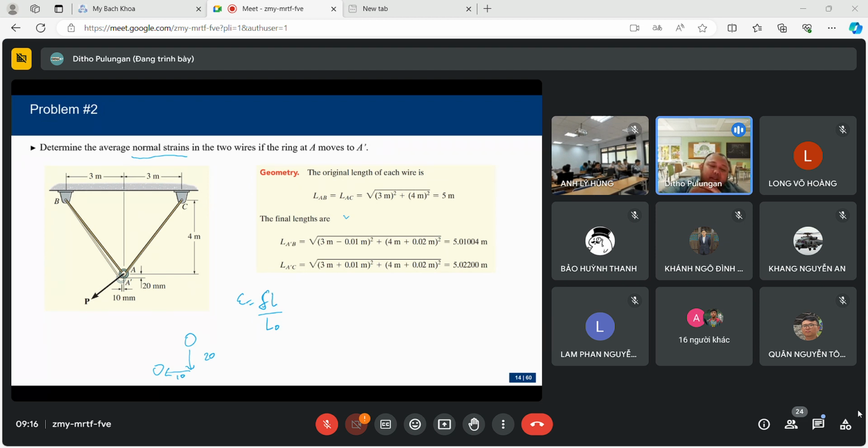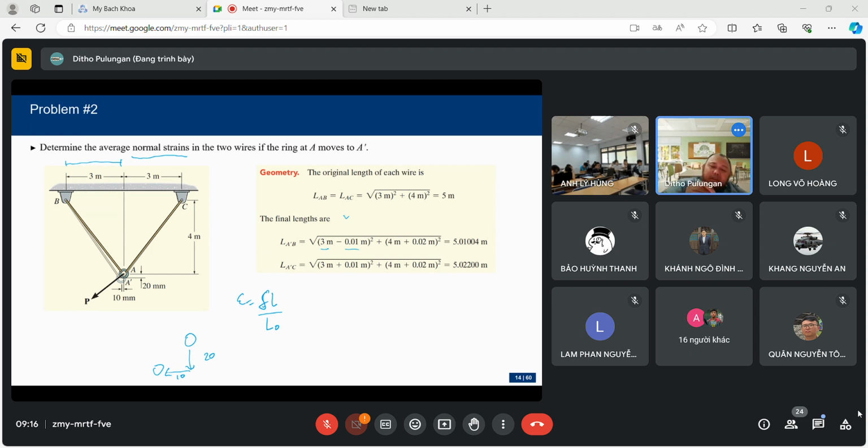You can calculate the new length of AB and AC. So for AB, since this moved to the left, the horizontal distance will decrease by 10 millimeters. That's why you do 3 minus 10 millimeters.